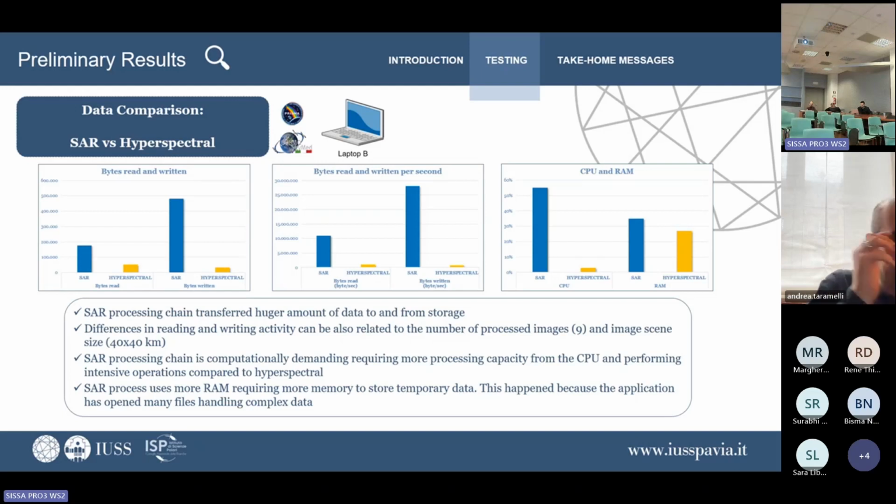Just to remind, we processed 9 images for the SAR and just 2 images for the hyperspectral. The SAR processing chain is so computationally demanding compared with the hyperspectral data, and uses more RAM because it stored more temporary data.